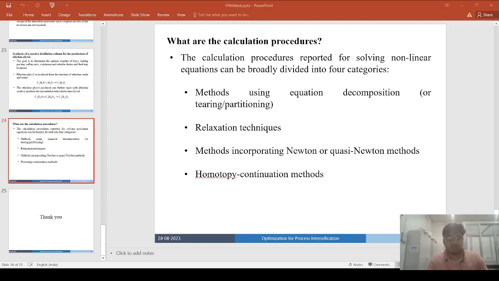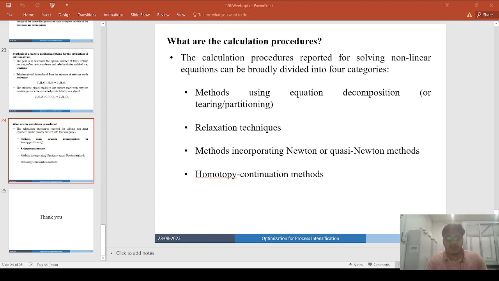The decomposition method allows for the identification of blocks which need simultaneous solution and blocks which can be solved sequentially. Meanwhile, in the relaxation techniques the liquid phase compositions are computed based on non-steady state material balances, which in subsequent iterations proceed towards the steady state solution. The Newton and quasi-Newton methods converge quite quickly from suitable initial guesses.